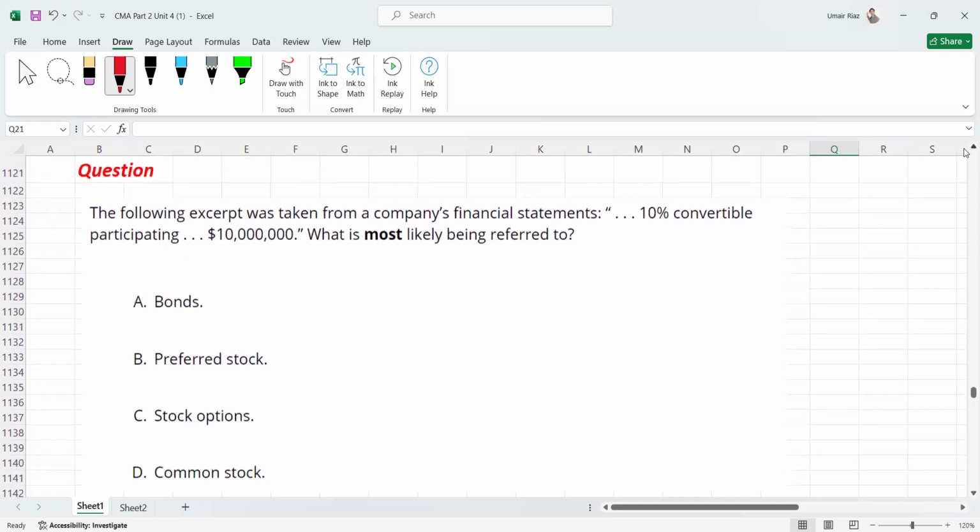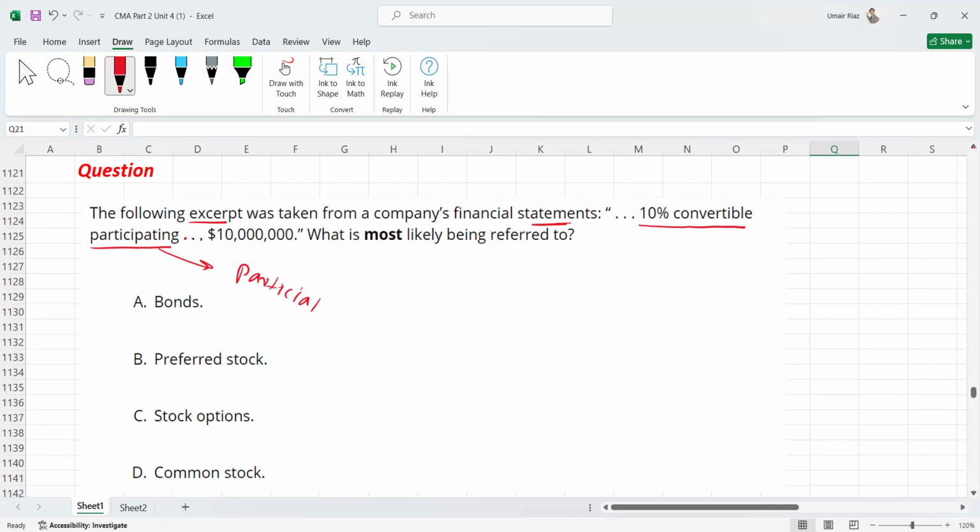Then you have another question. They're saying the following except was taken from the company's financial statements: 10% convertible participating dash dash dash, right? I told you preferred stocks are participative, right?